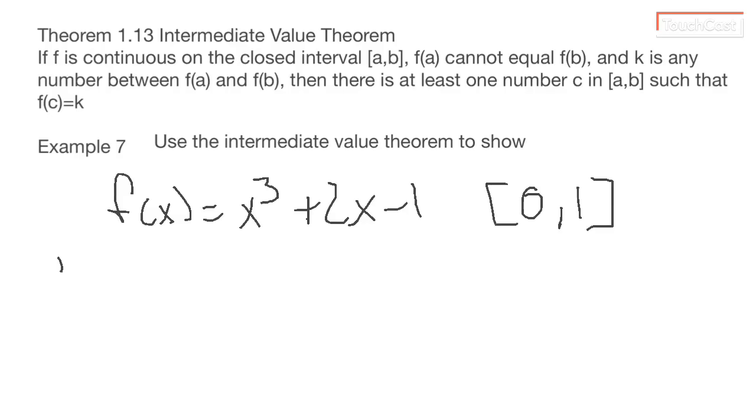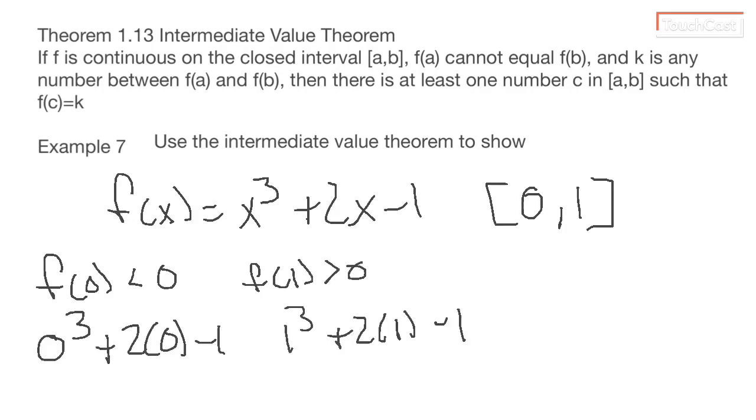Really what we need to show is that f of 0 is going to be smaller than 0, and f of 1 is greater than 0. When we put 0 in, we get 0 cubed plus 2 times 0 minus 1, which is going to equal negative 1. If we put 1 in, we get 1 cubed, 1, plus 2 times 1, 2, minus 1. 1 plus 2 is 3, minus 1 is 2. From that, we can conclude there has to be some value c where f of c does equal 0.